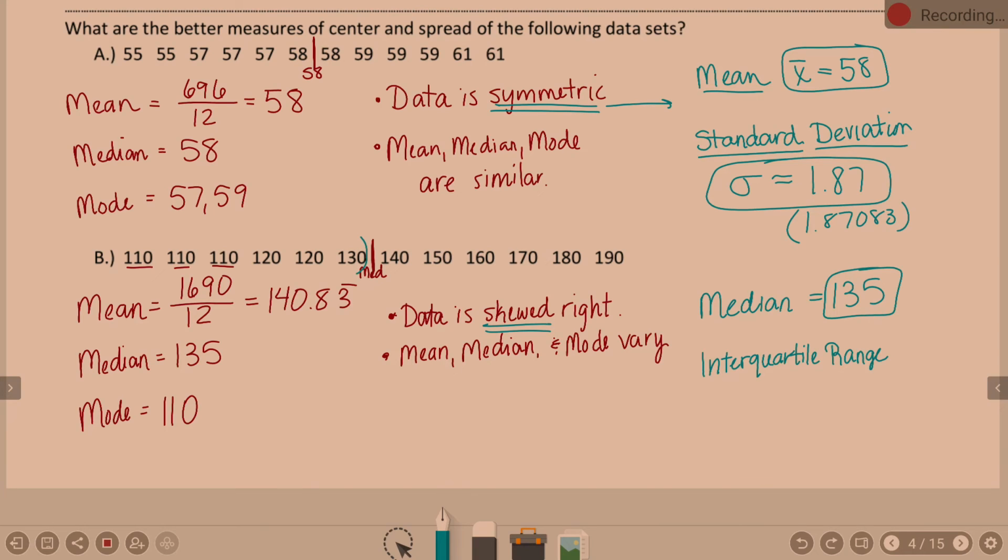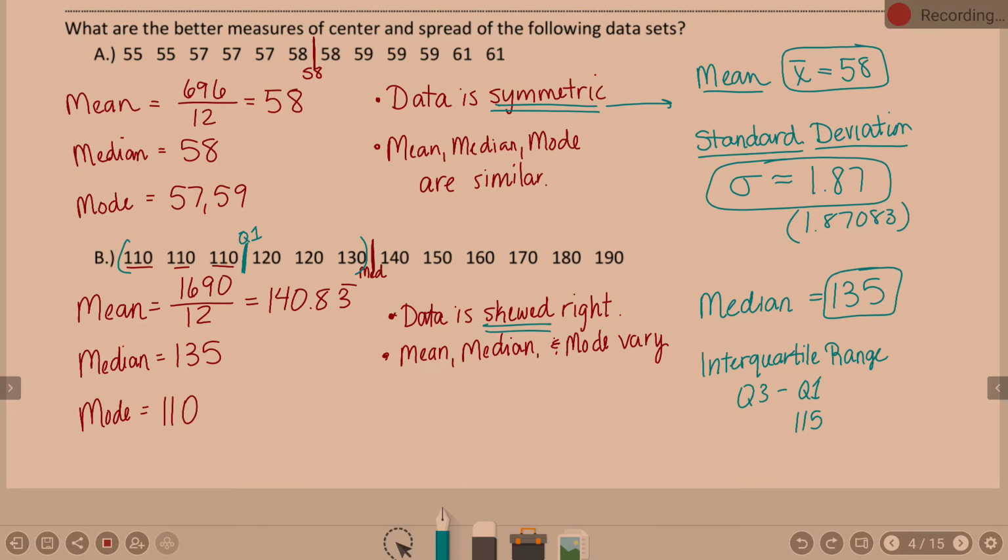So I'm going from the 110 to the 130. 6 numbers, we're to my middle number, in between 110 and 120, which is 115. So my first quartile is going to be 115.